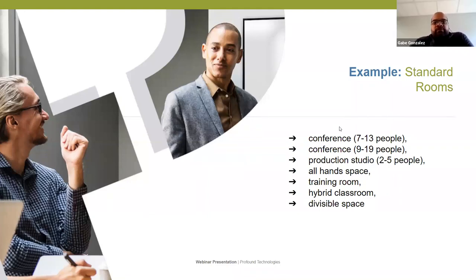When you look at the conference room types, when you have 7 to 13 people, 9 to 19, and 2 to 5, et cetera, we typically design the number of participants based around a typical commercial furniture design. So a lot of office environments now have huddle room spaces, which is a smaller amount of people, and that kind of sticks to a particular amount of seating in that room.